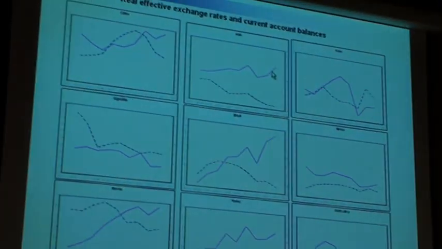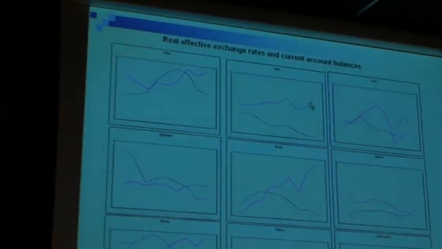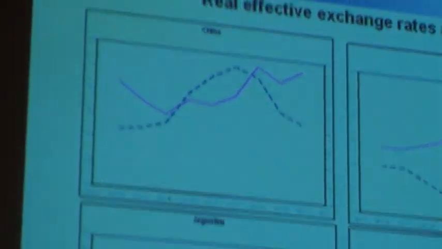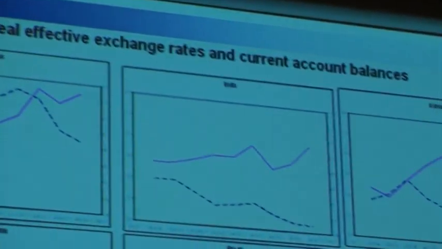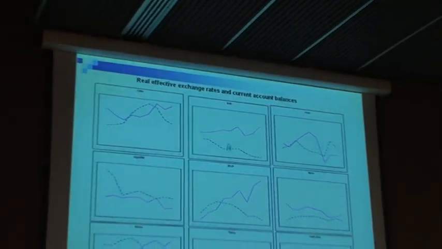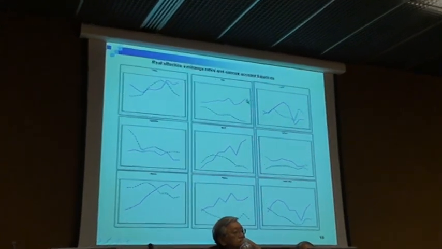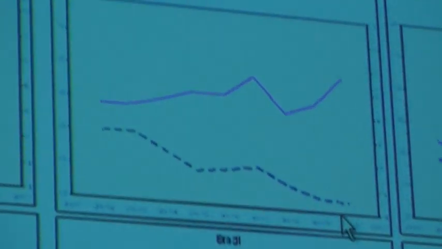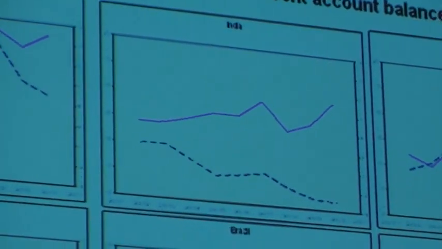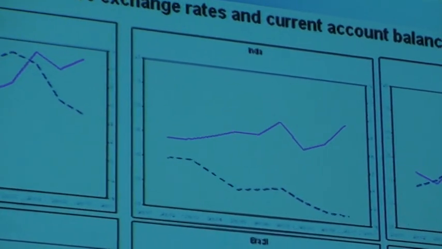I have a big chart here. You can see the top one is the exchange rate, the bottom one is the current account, where below zero is the deficit. Take for instance India: currency is up, current account deficit is rising, negative. The same with respect to Brazil.